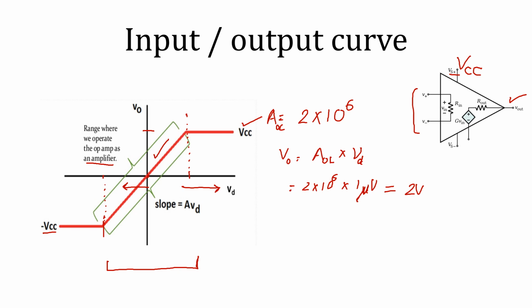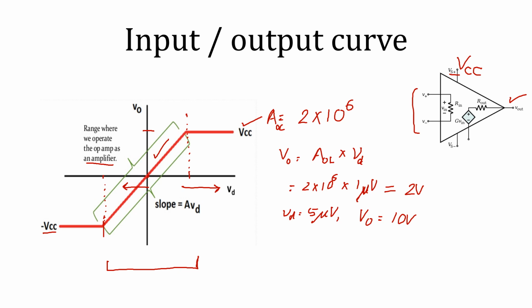But if we increase VD, let's say to 5 microvolt, then V out will be equal to 10 volt. Very good.